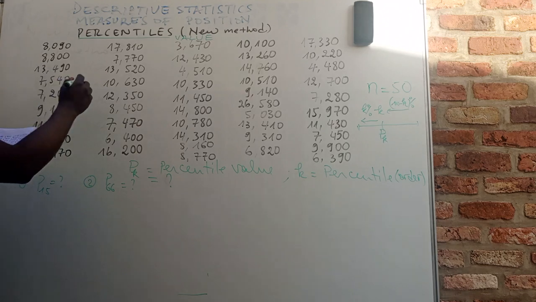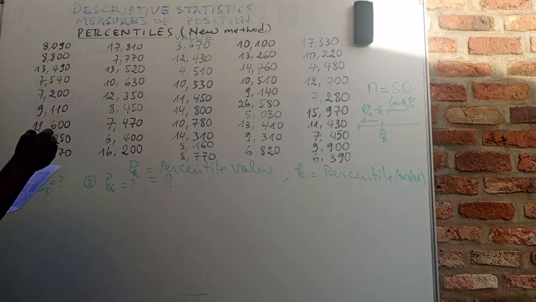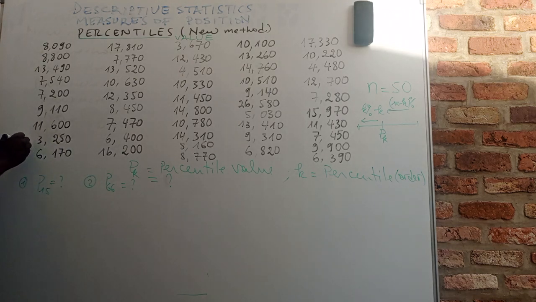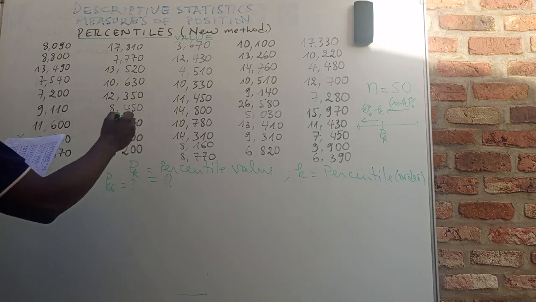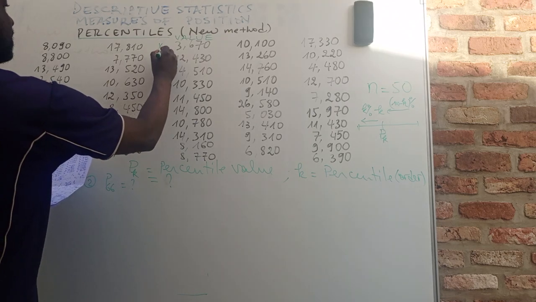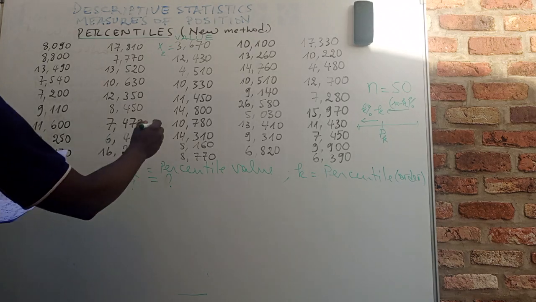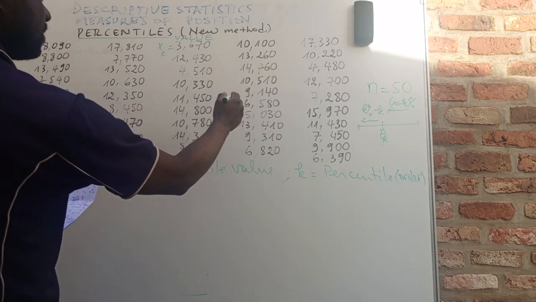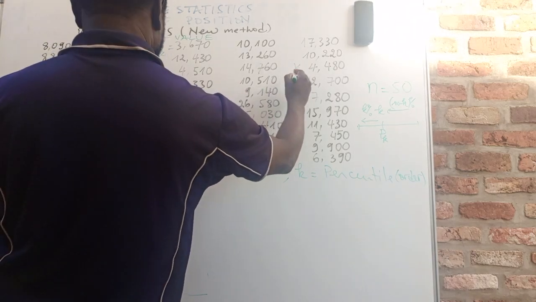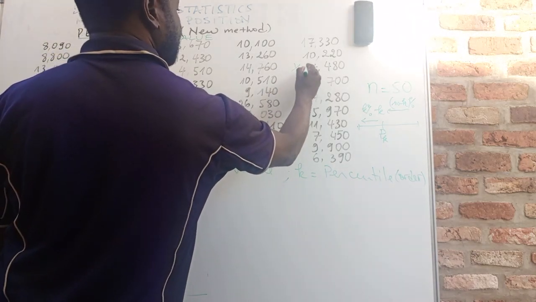The first one is 3,250. Where is it? This is the first element, X1. X2 is 3670, here. X3 is 4480, the third one.